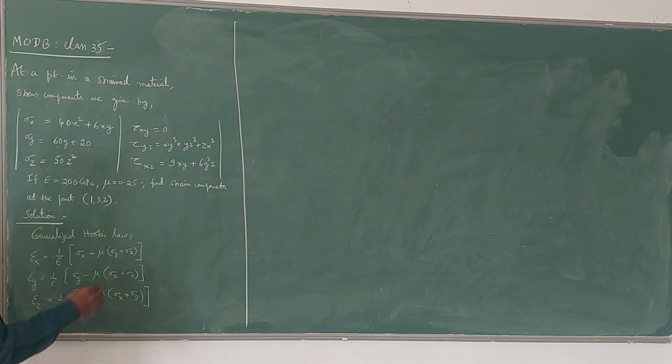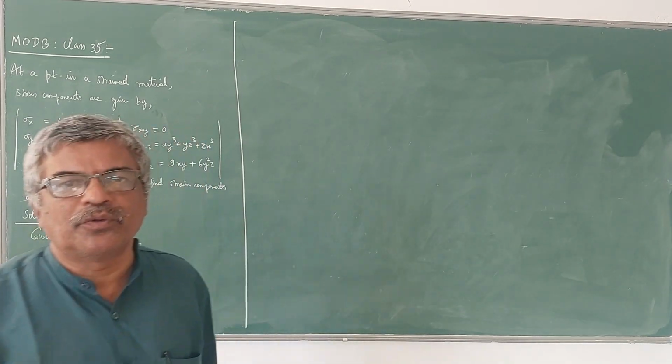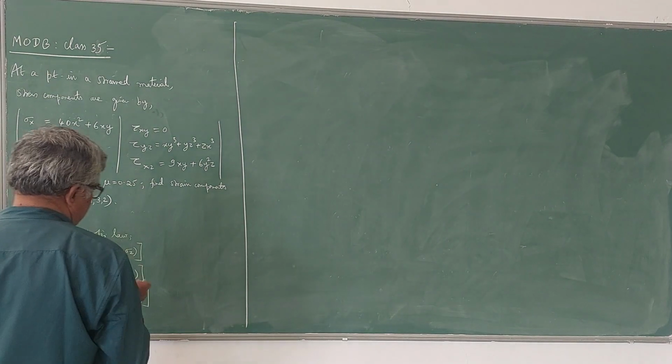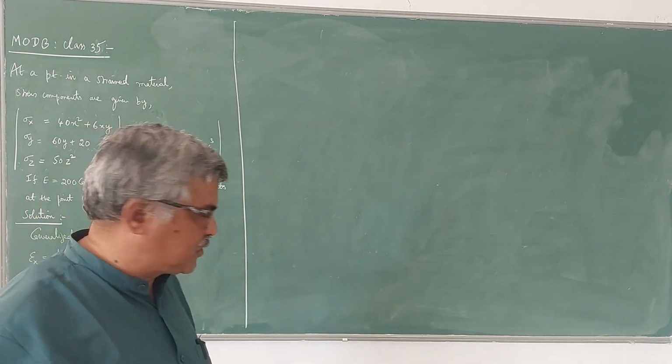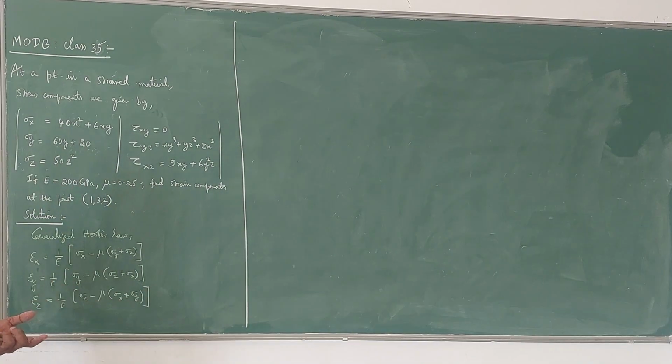One thing about the sign convention: positive values will give tensile normal stress, negative values will give compressive normal stress for sigma values, and correspondingly for strains, if it is positive, it is tensile strain, negative is compressive strain.